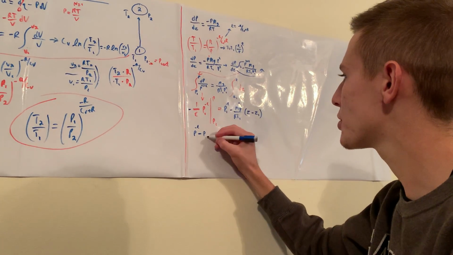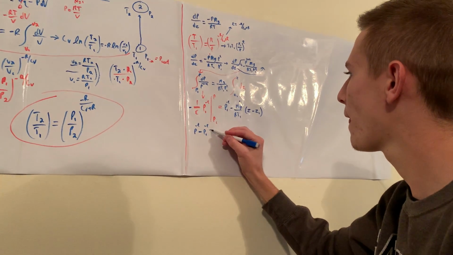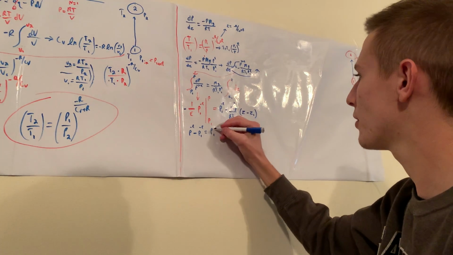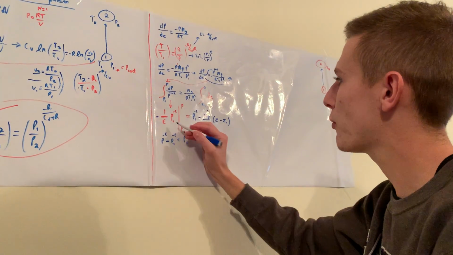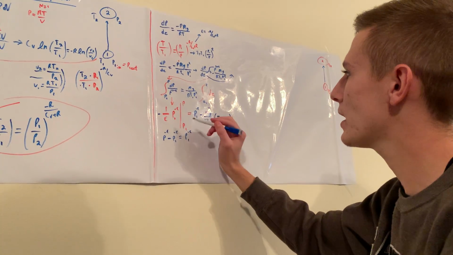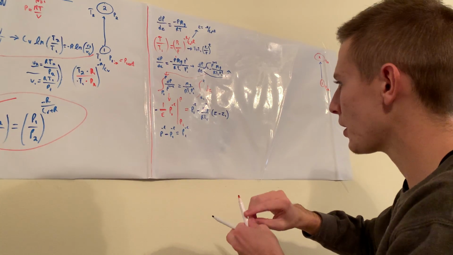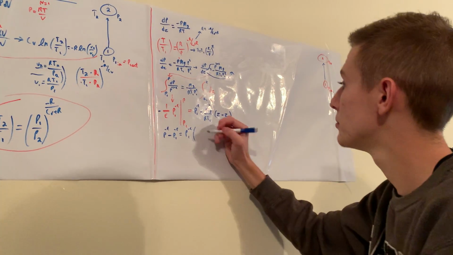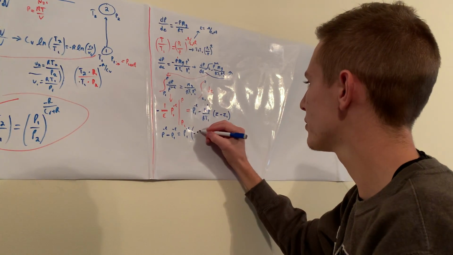minus pressure initial to the negative epsilon power equals pressure initial to the negative epsilon power. And like I said before, we multiplied by a negative epsilon on this side, which means that we have a negative and a negative.